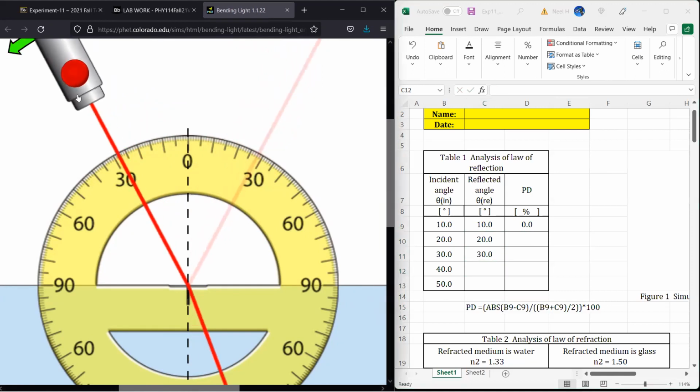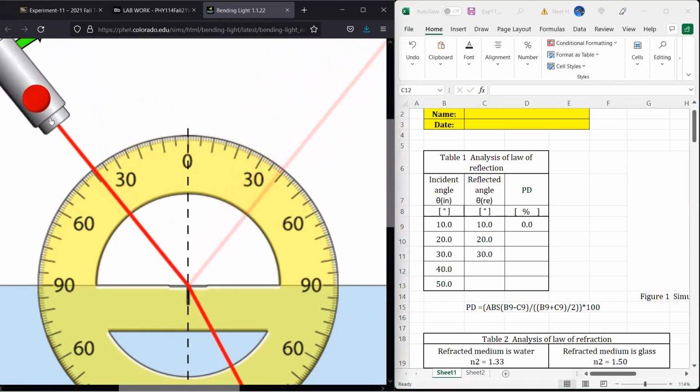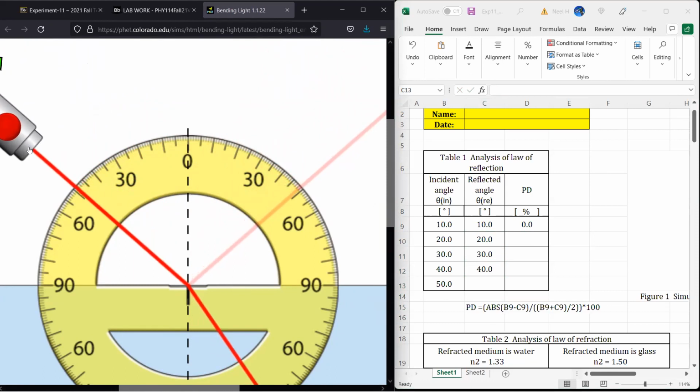Then try 40. Exactly 40 on the other side, no difference at all. Then try 50. You can take more data, but it seems not meaningful because the incident and reflected angles are always the same. That's the idea of the law of reflection. Any question?